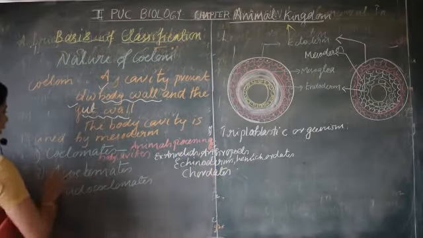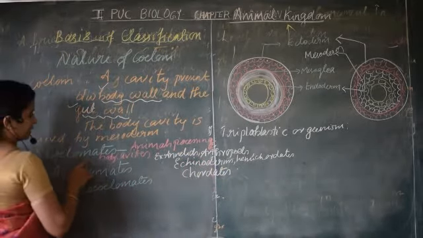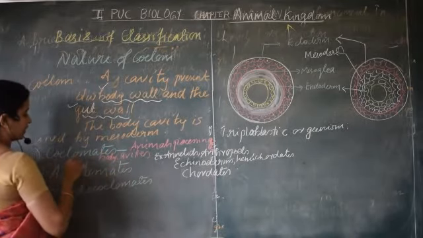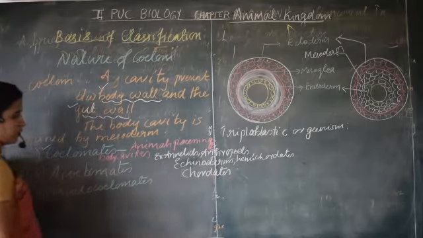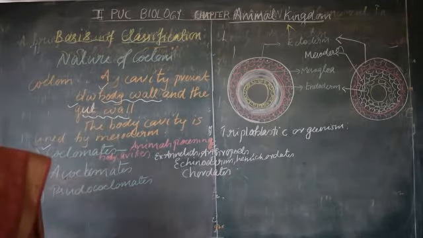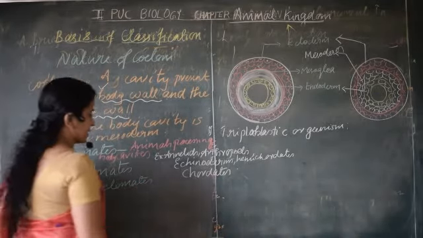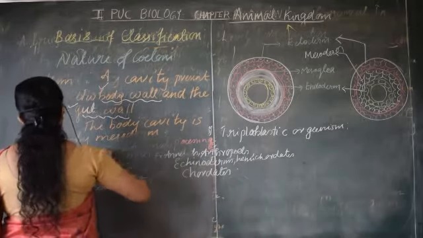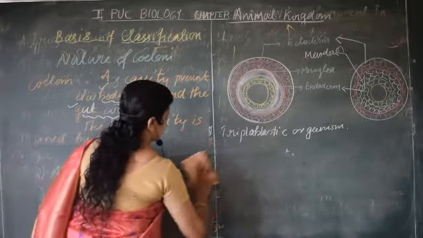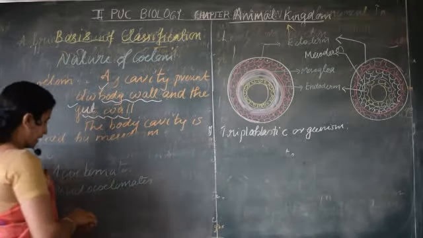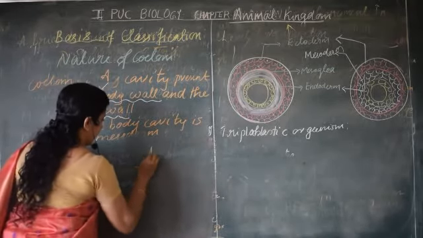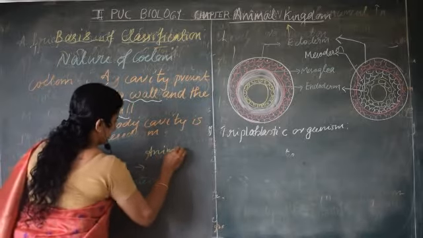And in coelomates that cavity is present. The animals possessing the body cavity are called coelomates. Examples: annelids, arthropods, echinoderms, then hemichordates, then chordates. Now what about the acoelomates then? Animals in which the body cavity is absent.